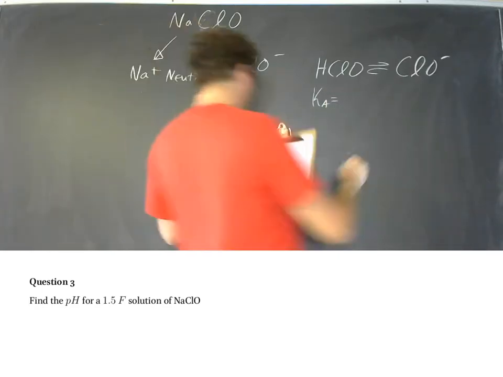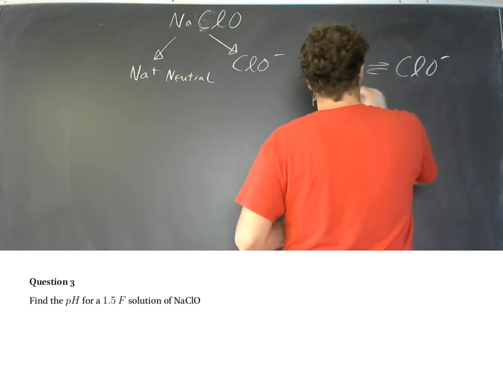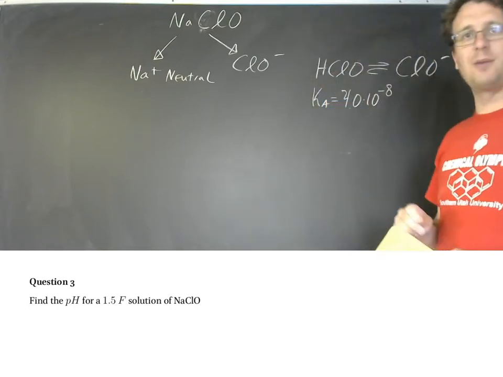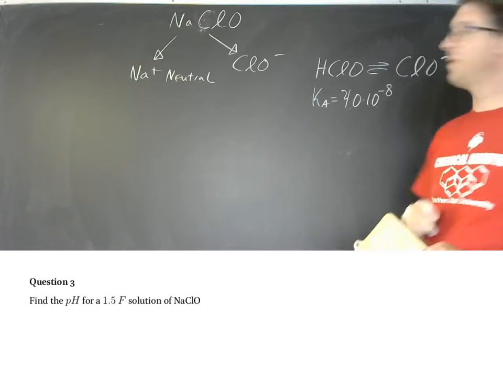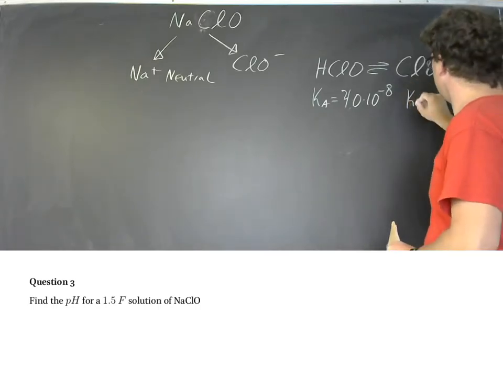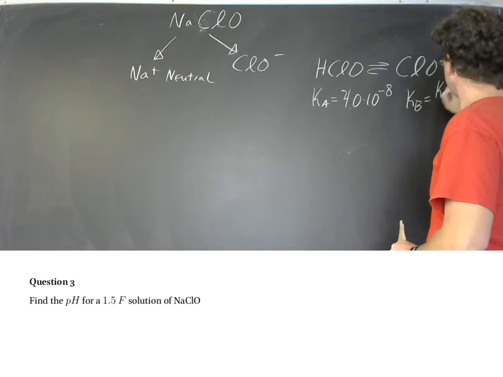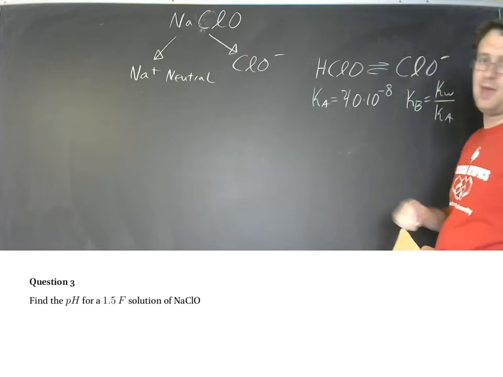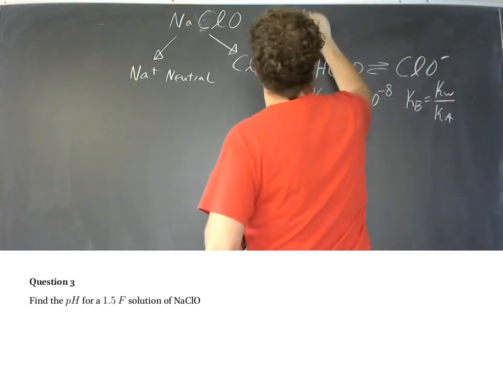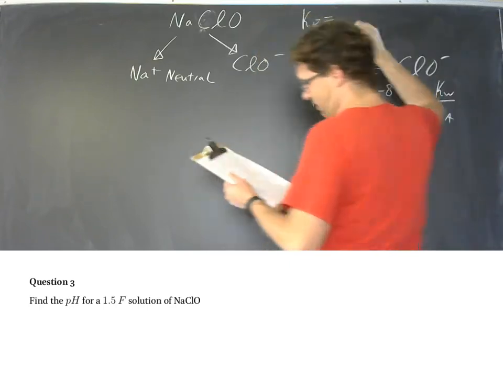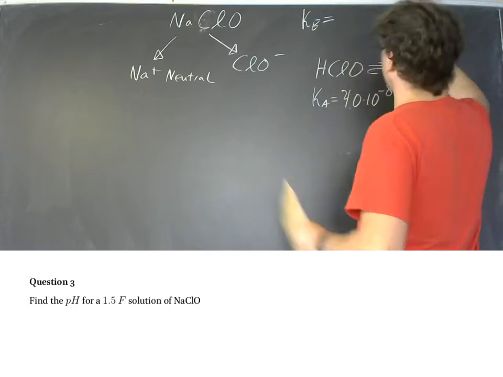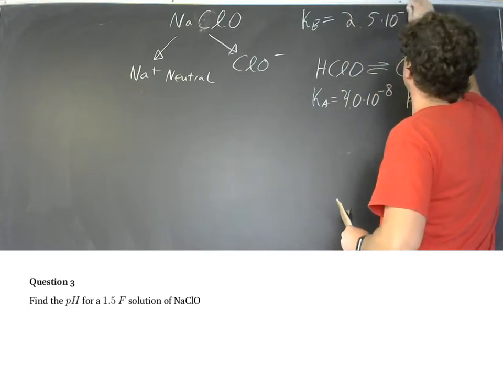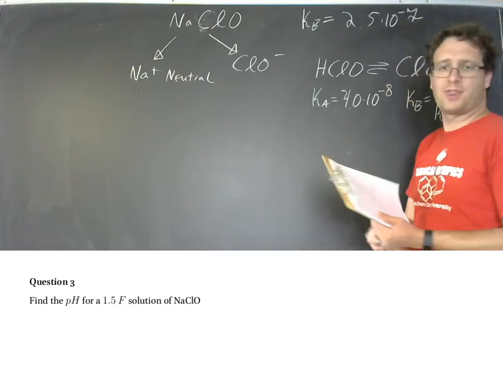And so we can look up the Ka value for HClO. That's 4.0 times 10 to the negative 8th, according to the table in the appendix of your textbook. And so the Kb is equal to Kw divided by that value. And I'll just write the solution up here because we'll need it for the next step. Kb is equal to 2.5 times 10 to the negative 7th.